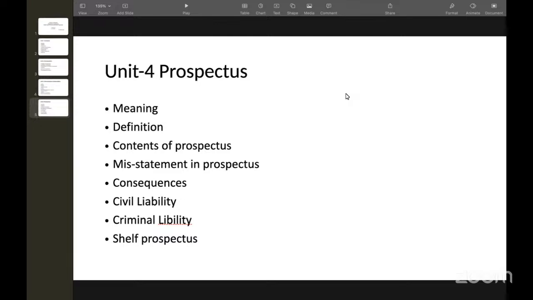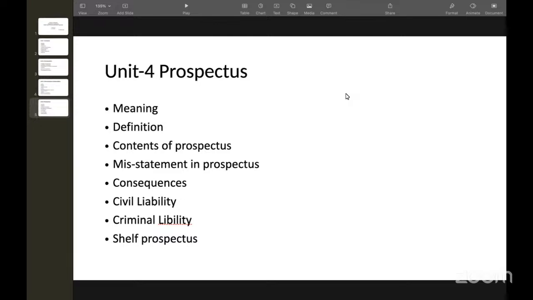The consequences of criminal liability are imprisonment up to 10 years for fraudulent misstatements, and a fine of up to rupees 3 crores, or both. Directors, promoters, and officers involved may face criminal charges.